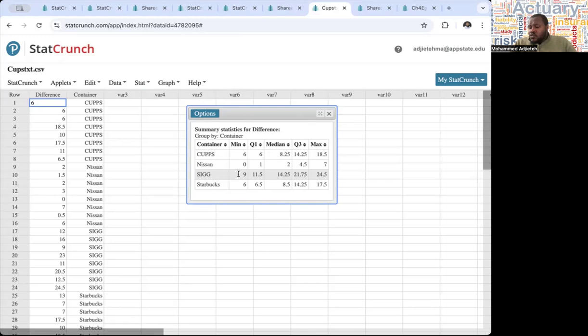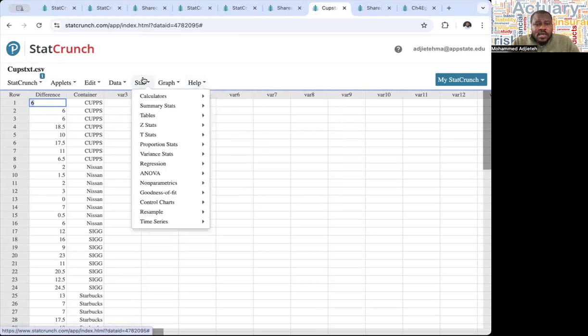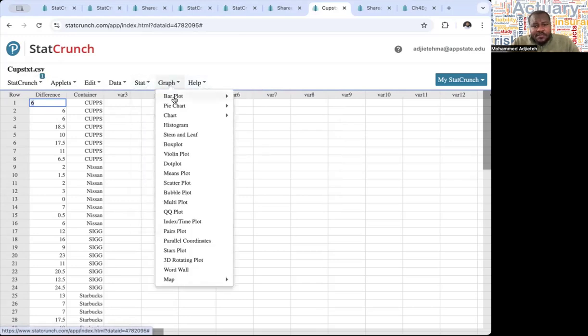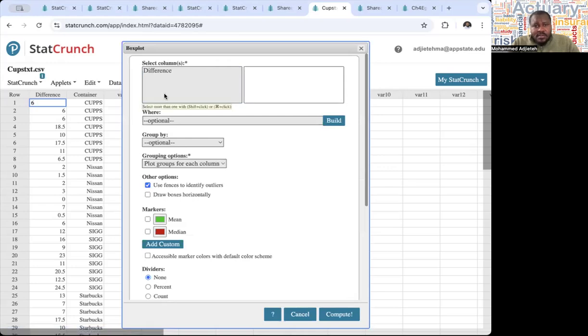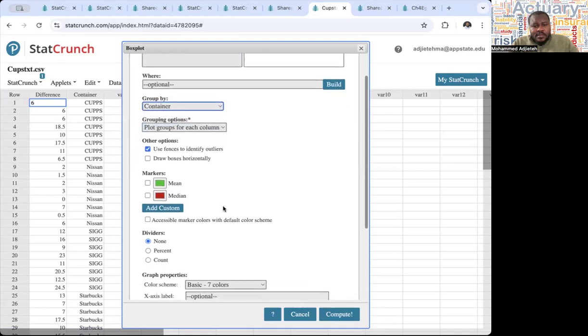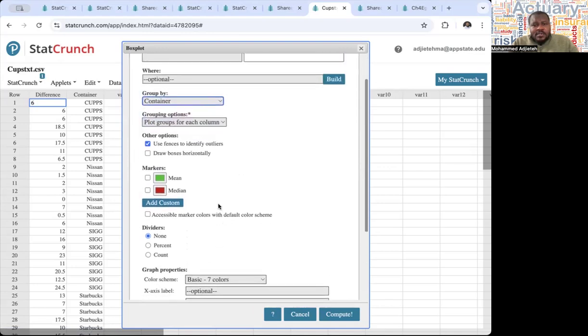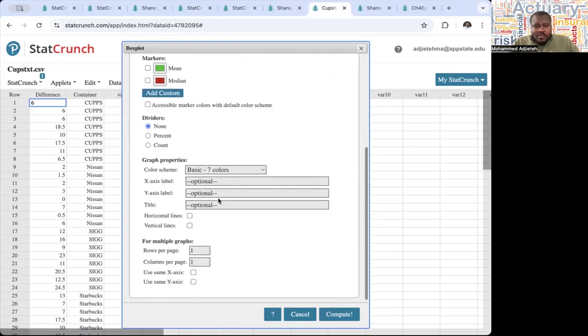the next thing we want to do is to construct the box plot. So I close this, I go to graph, and then we get to box plot, and then this is difference. We should group them by container, and then you can convert them horizontally if you want. That is up to you.